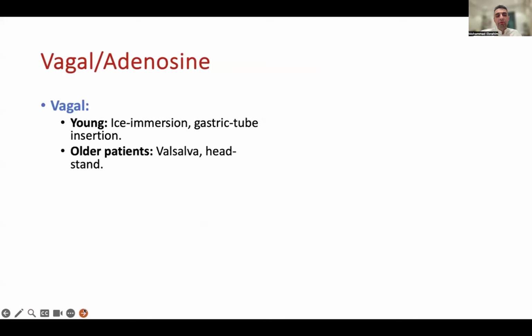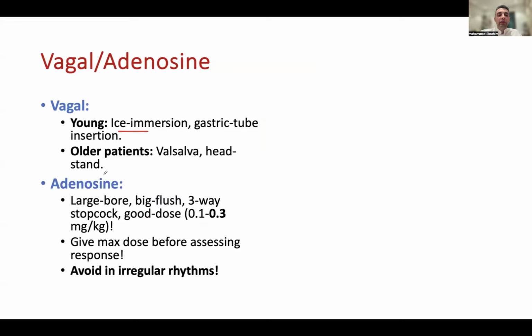With vagal maneuvers, if the patient is very young, usually you can do ice immersion or gastric tube insertion. In an older patient, any Valsalva maneuver or headstand. Adenosine is usually given IV through a large IV access with a big flush.